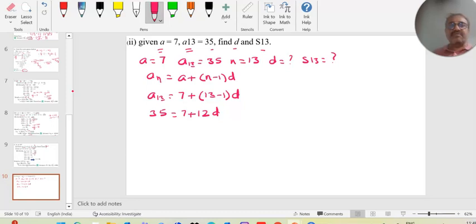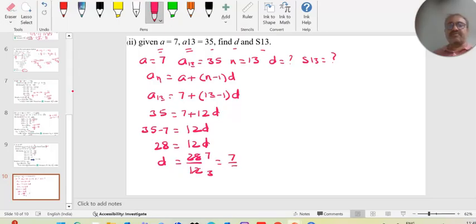It will convert చేస్తే 35 - 7 = 12d. So 35 - 7, 28 = 12d, whereas d = 28/12. 7 4s are 28, 7 3s are... that is equal to 7/3. d is 7/3.